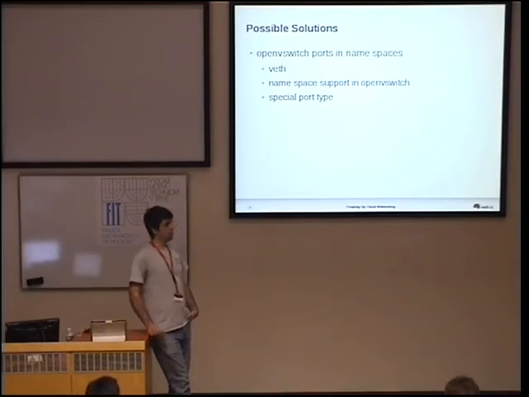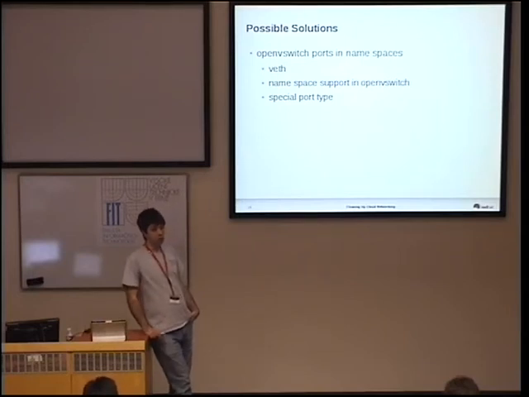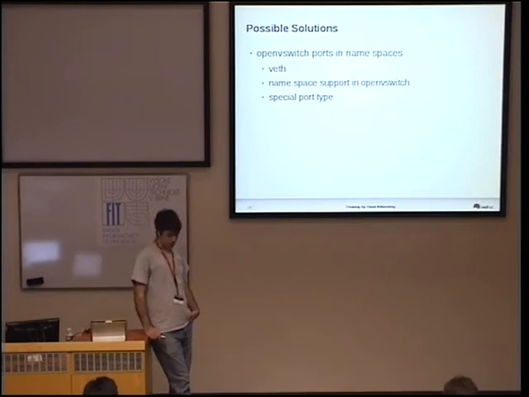So we can let Open vSwitch be namespace aware and actually officially allow moving the interface or the internal ports to different namespaces. The disadvantage of that is that it will add some operations into this part, which will be executed even when this internal interface is not in a different namespace.